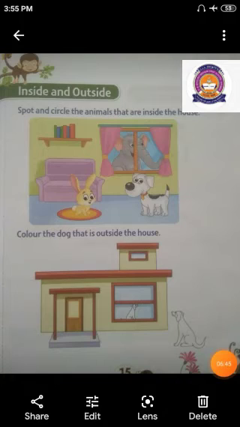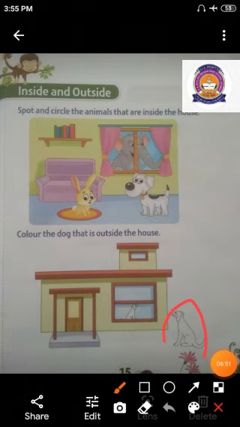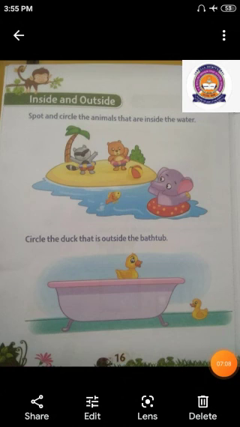So children, you have to color the second dog. The second dog means the dog outside. Okay, so you have to circle two animals. Number 1 is cat, number 2 is dog. This is how you do this activity. See the next page, page number 16.